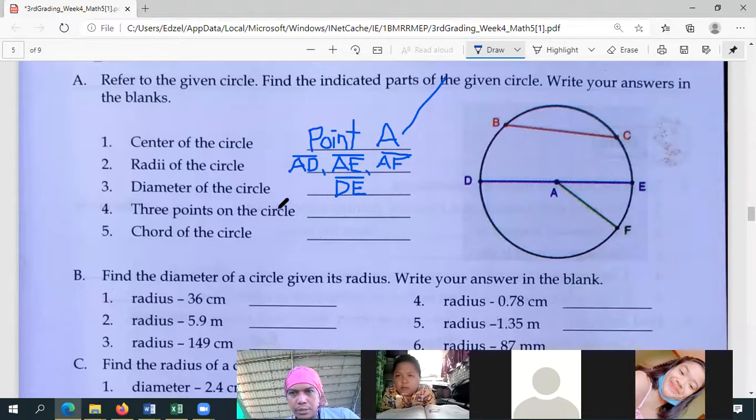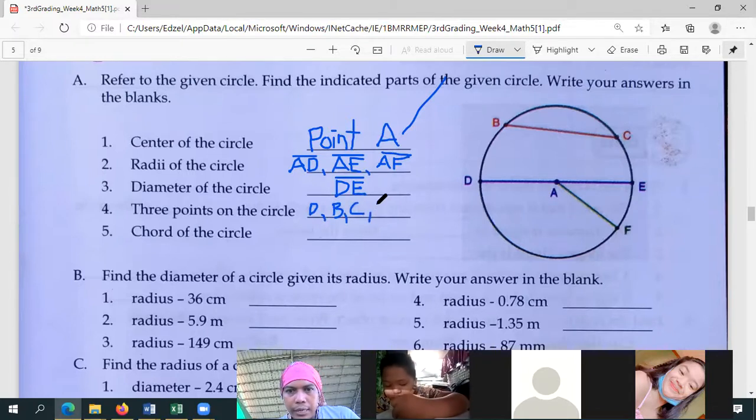3 points on the circle. Magkuha na kag 3 points on the circle. So, point B is on the circle. Tama. Point C is on the circle.